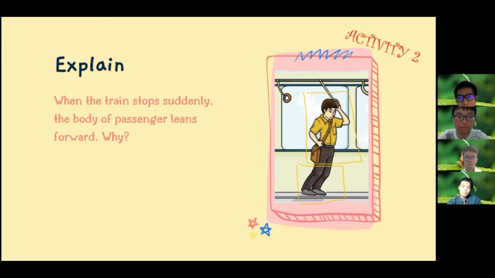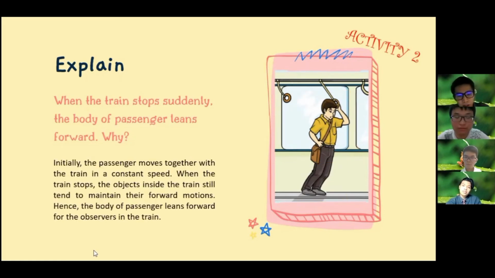So everything you can see in this train is going to the front. It seems like somebody is pushing you to the front, but actually no, nobody is pushing you. And this is very obvious when you look from the outside of the train. Class, do you think mass is equal to inertia?